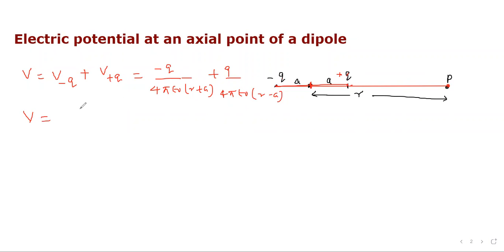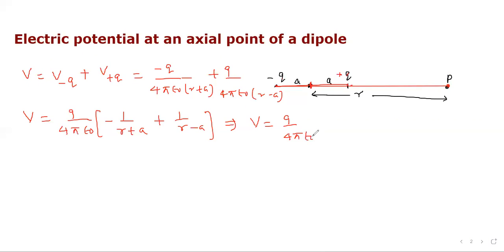V equals Q upon 4 pi epsilon naught can be taken common. Then minus 1 upon R plus A plus 1 upon R minus A, which implies V equal to Q upon 4 pi epsilon naught times minus R plus A plus R plus A, whole divided by R square minus A square.